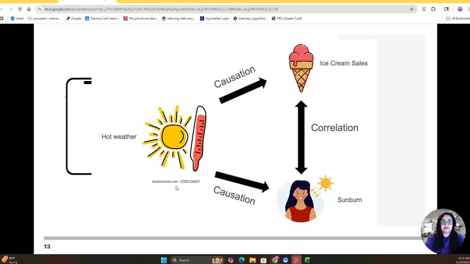And here's another example: ice cream sales, weather, and sunburns. The heat can cause ice cream sales to go up, or it can cause a sunburn. But then we can find a relationship between the number of ice cream sales and sunburns.